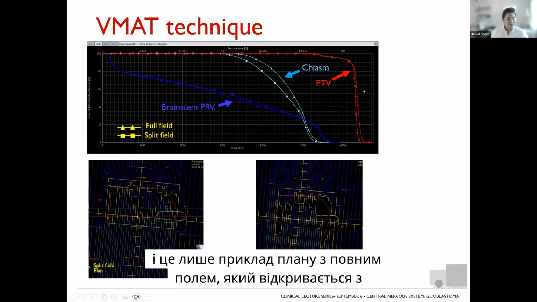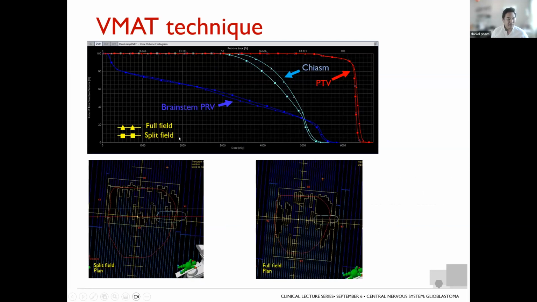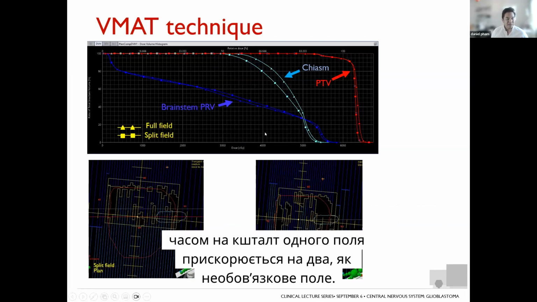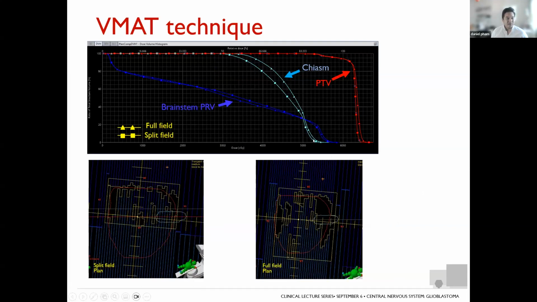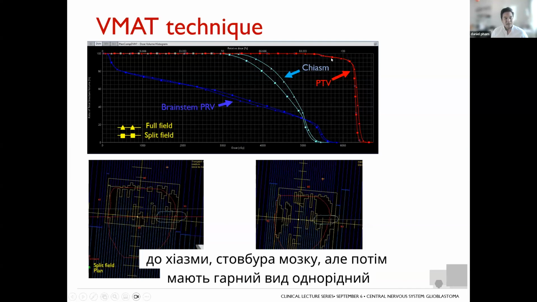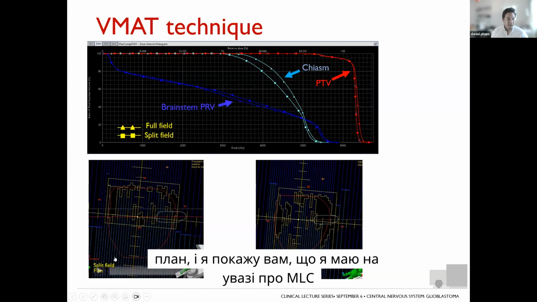And here is an example of a plan with the full field opening versus a plan with one of the fields split into two, an upper and a lower field. Once again, you can achieve very similar Dmax constraints to brainstem and chiasm, but have a nicely homogeneous looking plan.